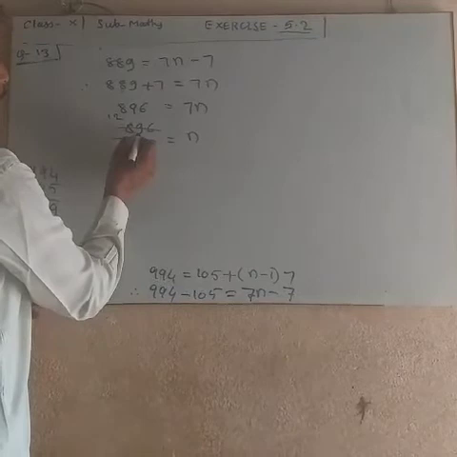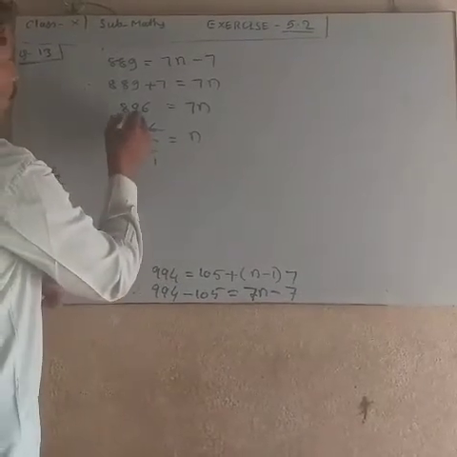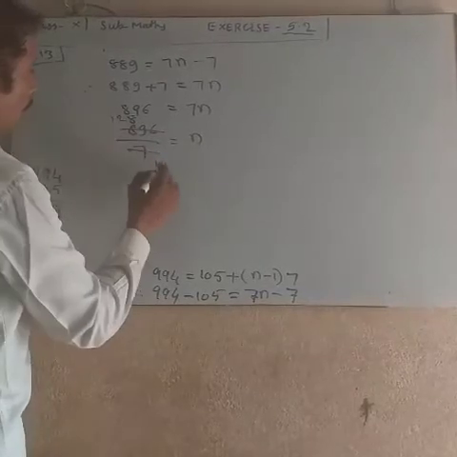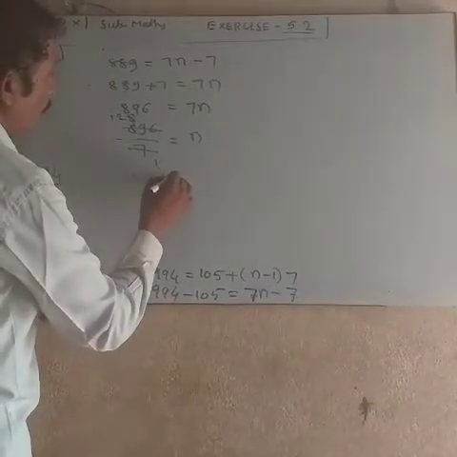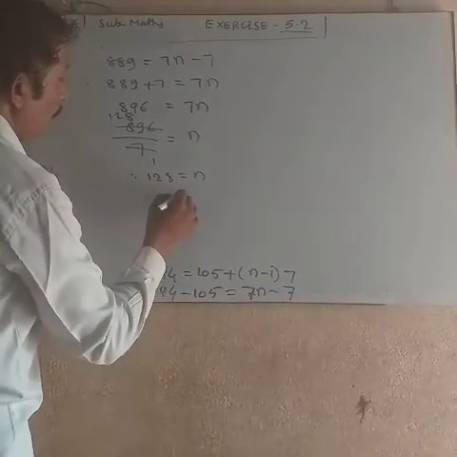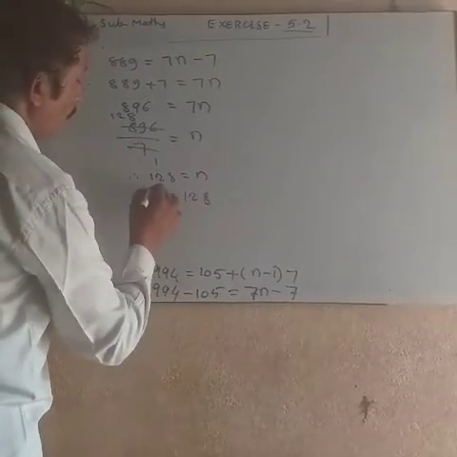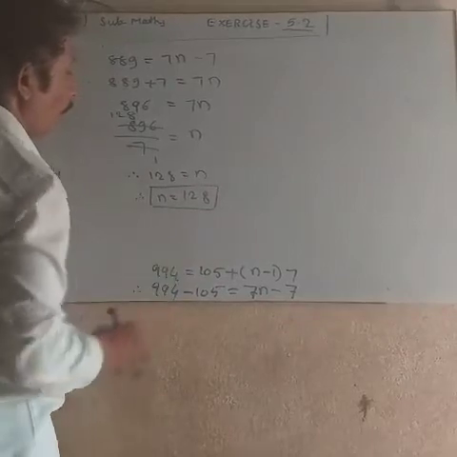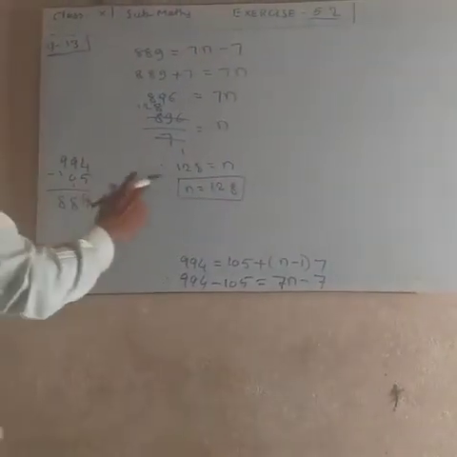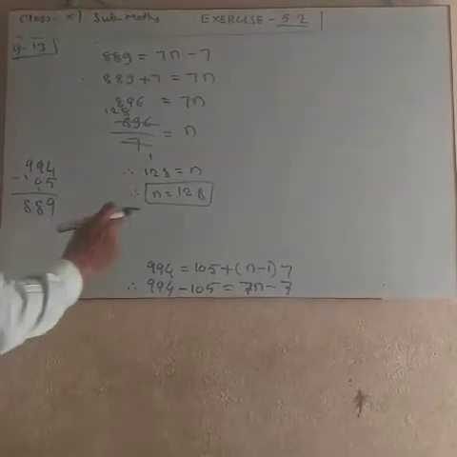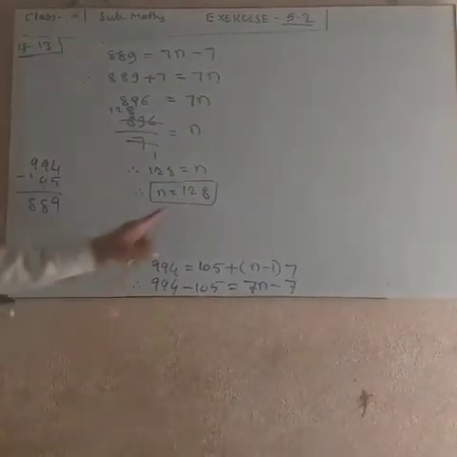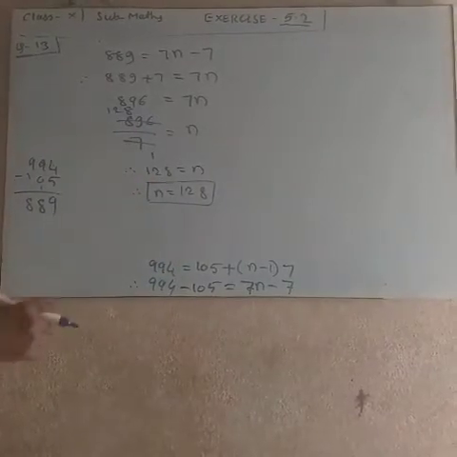Then 7 eights are 56. Therefore 128 is equal to n. N is the total number of 3-digit numbers in the AP. Therefore there are 128 3-digit numbers which are divisible by 7.